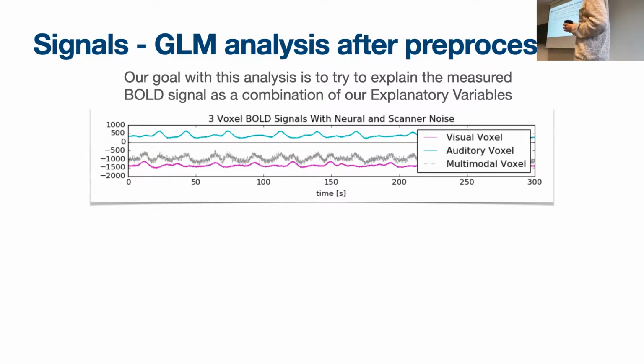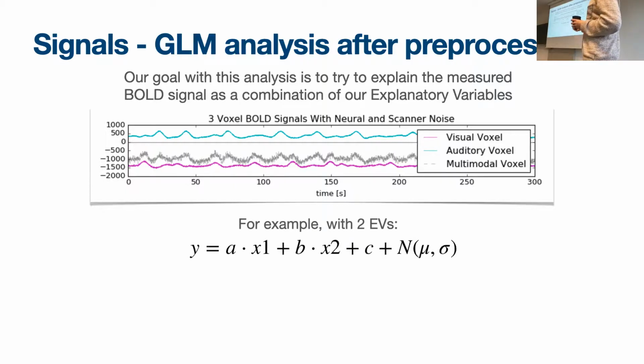You have an auditory voxel, it would have a signal like this, and they're quite different, right? And for example, you could also have a multimodal voxel that actually takes in auditory information and visual information, and it would be some combination of those two expectations, right? And we want to be able to capture signals from any of these categories of voxels.